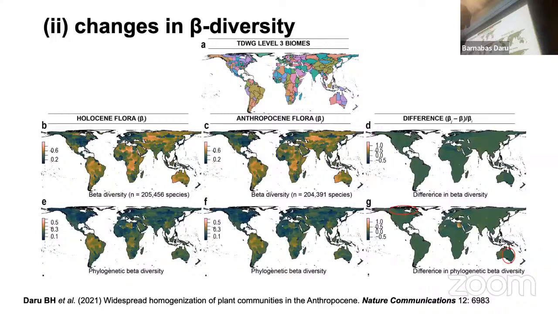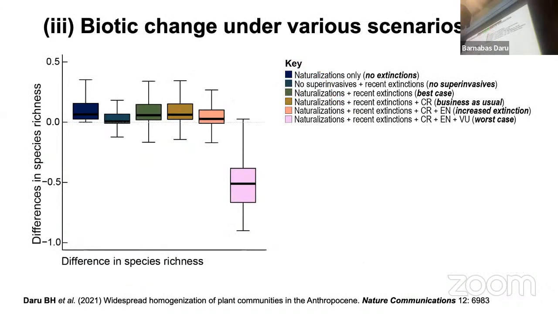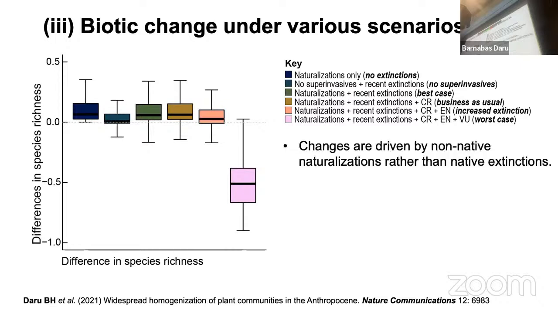We then explored this biotic change across different scenarios of extinctions and introductions, spanning from a scenario of no extinctions to a scenario where we assume that currently threatened species are to go extinct, and we found that changes in plant communities are driven largely by non-native naturalizations rather than by native extirpations.